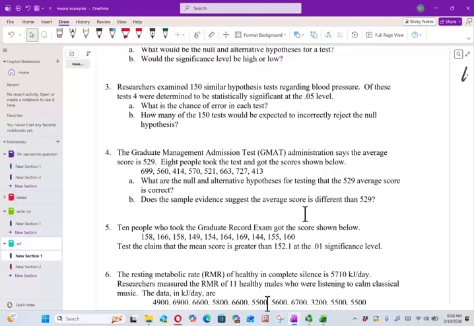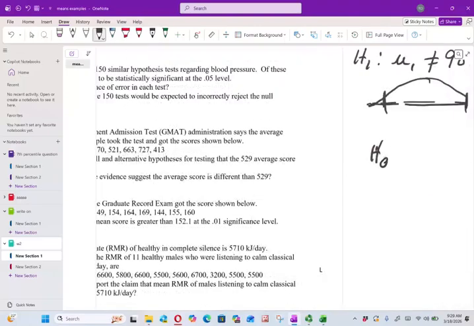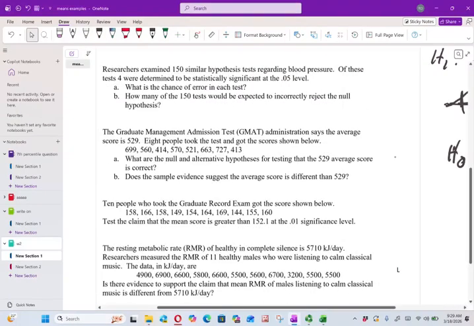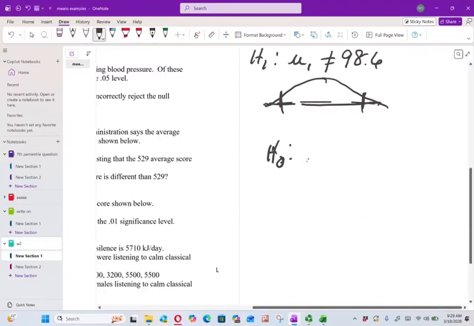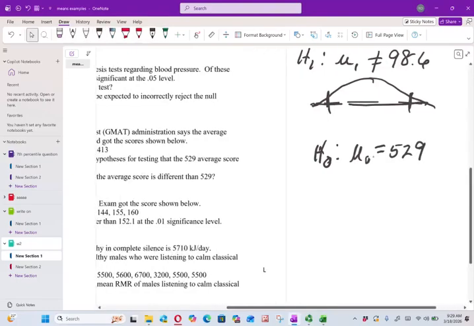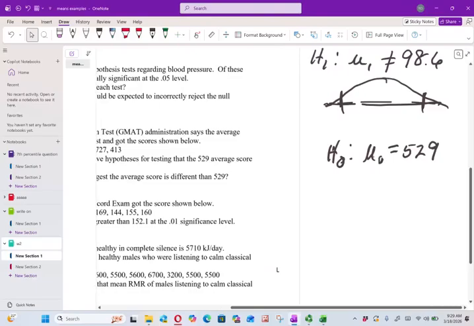Can I say the average is 529? What's the null hypothesis? What's the status quo? There is no change? That's the null hypothesis. The null hypothesis is that the average score is 529.